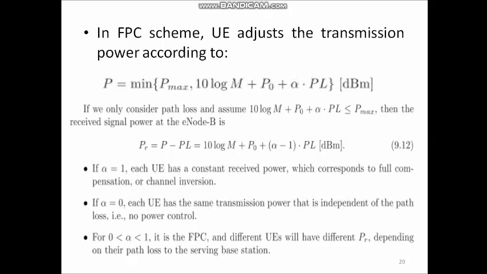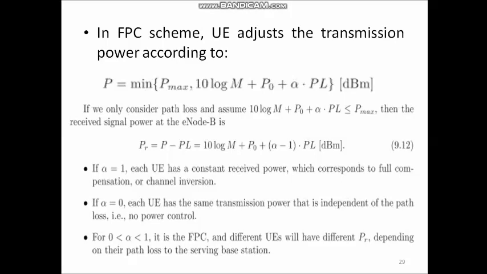But if we only consider path loss and assume that 10 log M plus P naught plus alpha into PL is less than or equal to P max, then we can write the received signal power at the eNodeB as PR equal to P minus PL, and this is equal to 10 log M plus P naught plus alpha minus 1 into PL.